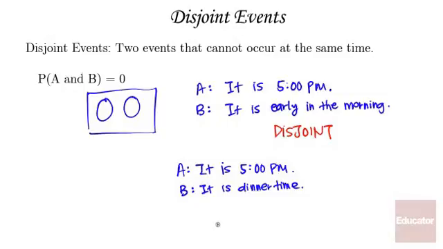You can have dinner at 3 or 5 o'clock p.m. So in this case, A and B would be not disjoint because this can occur at the same time. So if two events cannot occur at the same time, they are disjoint. And if they can, then it's not disjoint.